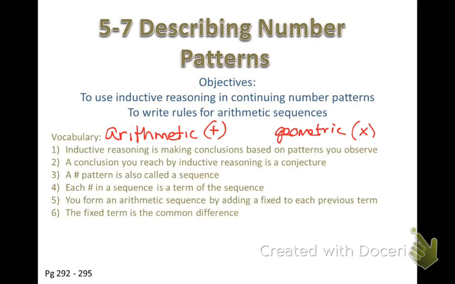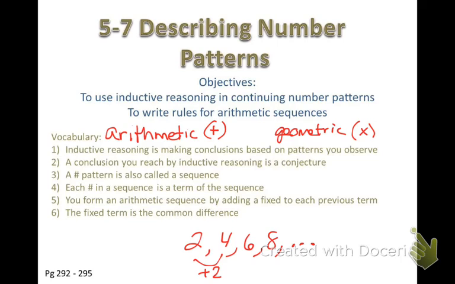Inductive reasoning is making conclusions based on patterns you observe. If I did 2, 4, 6, 8, what is my pattern here? I'm adding by 2. That is my inductive reasoning. The conclusion you reach by inductive reasoning is a conjecture, so me saying adding by 2 is my conjecture.